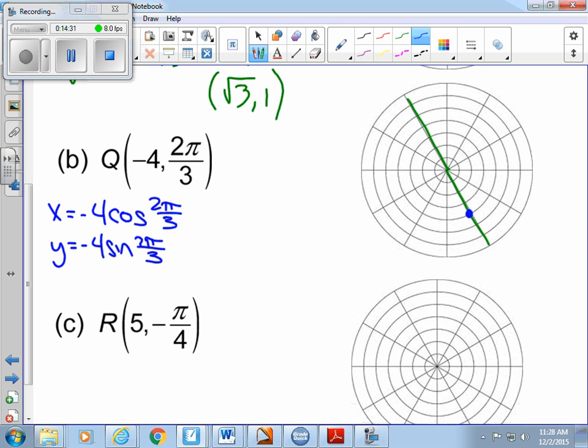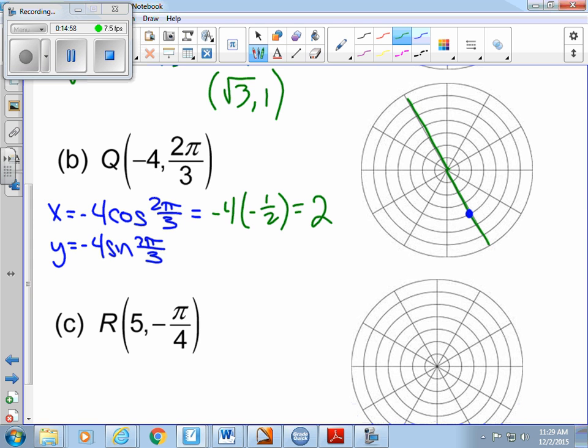What is the cosine of 2 pi over 3? Negative 1/2. And let's talk about how I got that. 60-degree angle in quadrant 2, right? So cosine of the 60 is 1/2. Quadrant 2 would make it negative. And so I have negative 4 times negative 1/2.